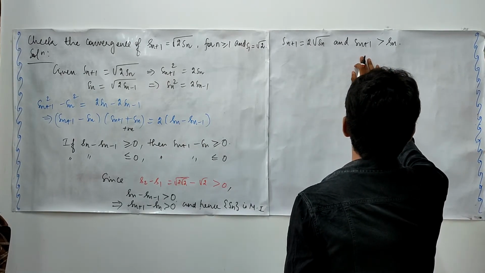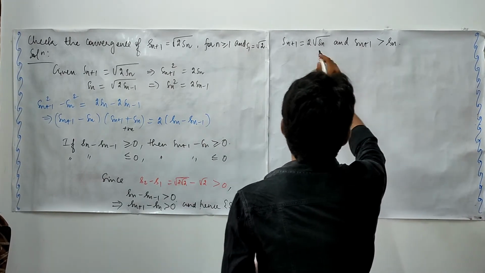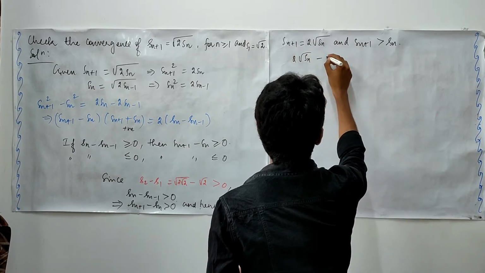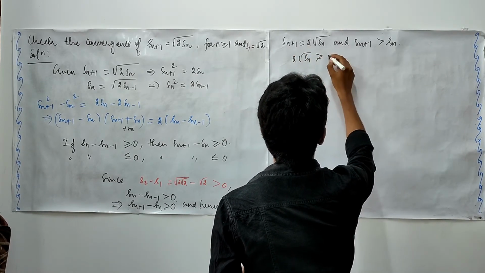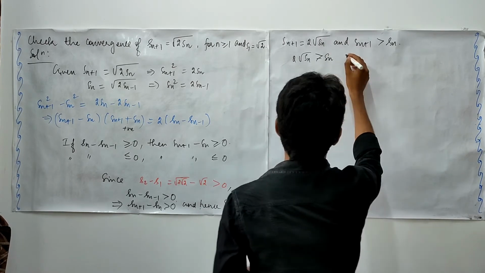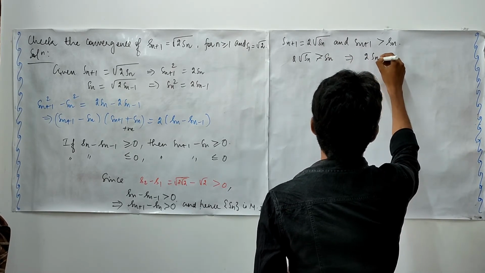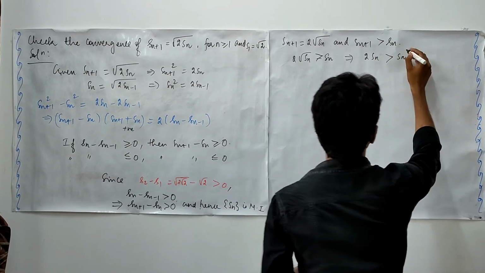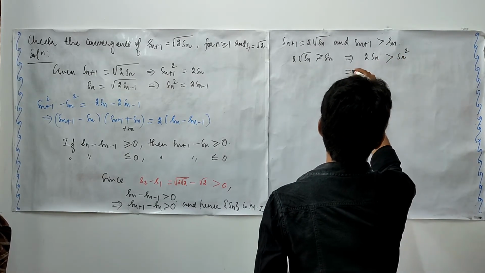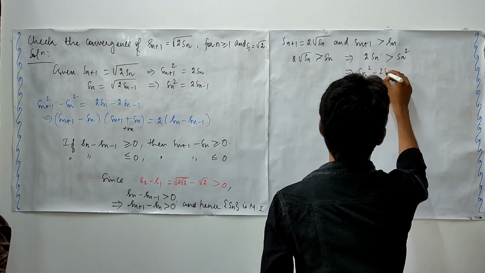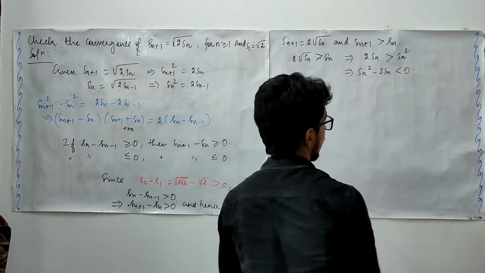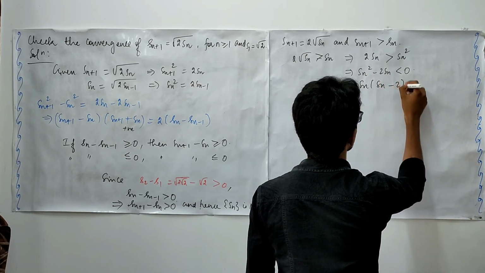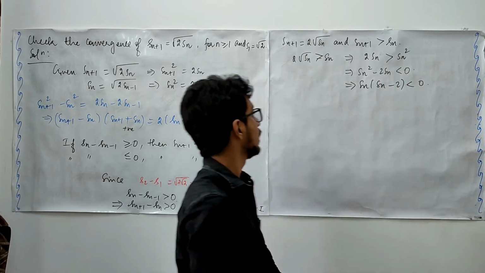And now what? Okay, substitute this here. Under root 2 times of Sn is bigger than Sn, right? When I square it on both sides, I am going to have 2Sn is bigger than Sn square, and I am going to take everything to one side, so this is the case I have, right? And here Sn times of Sn minus 2 is less than 0.